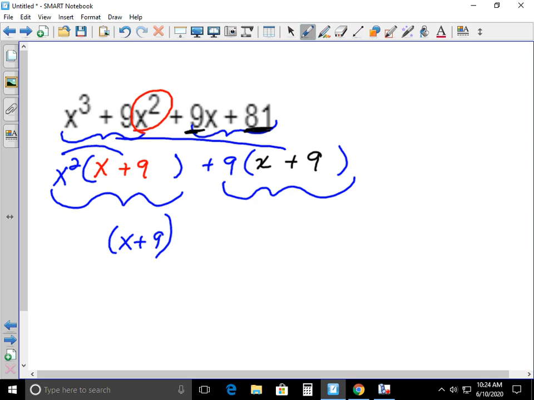So if we undistribute that parenthesis, x plus 9 goes to an x squared, x plus 9 also goes to a 9. We don't write two different x plus 9s because if we were to get rid of the parentheses, we would distribute. X plus 9 goes to both of those, to an x squared and to a plus 9.